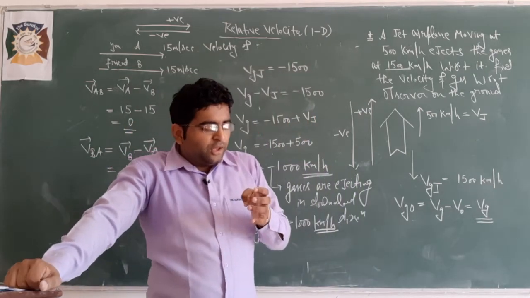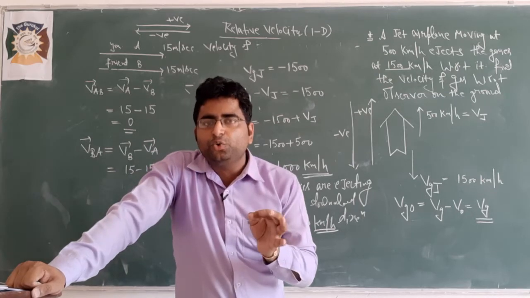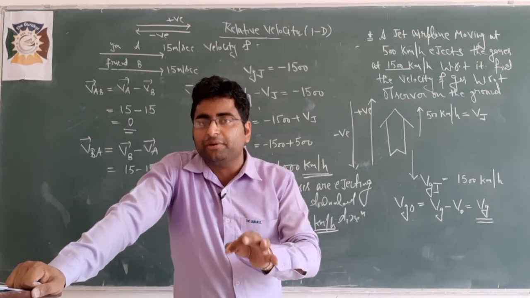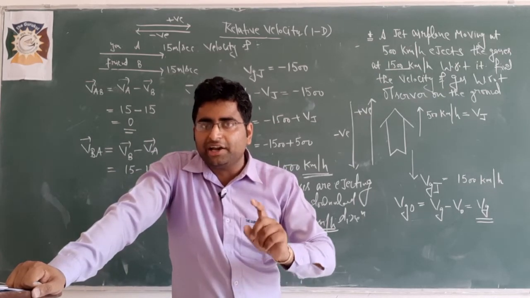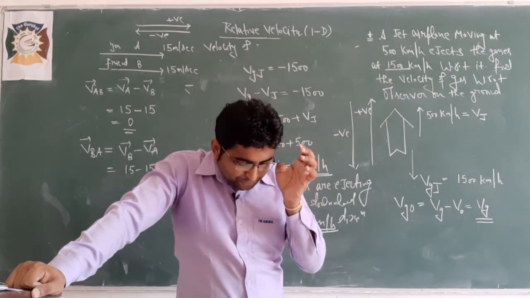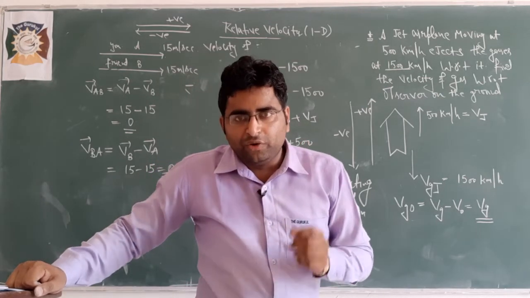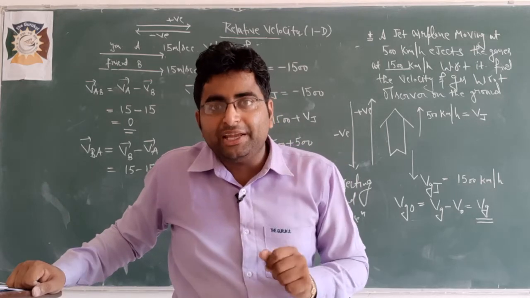Now beta, we have relative velocity in 2D, that is, in two dimensional motion how we will calculate the relative velocity. Suppose beta, two objects are moving with velocities VA and VB in a plane.